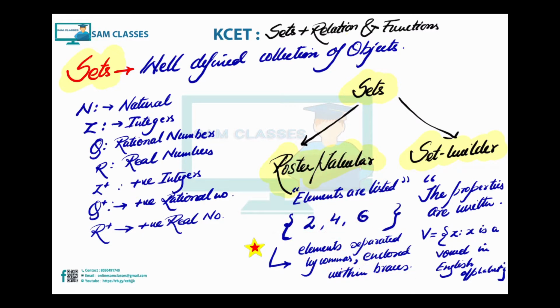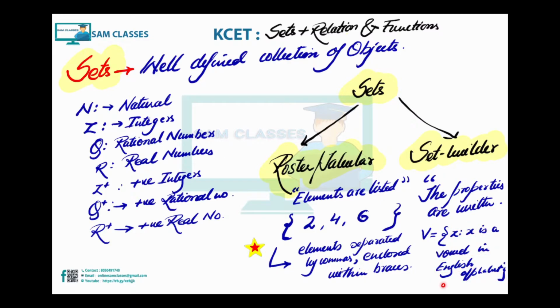Now the other way of writing a set is set builder form. Here, instead of writing the elements, we write the property by which we are forming the elements. Like we have written set V equals x such that x is a vowel in the English alphabet.